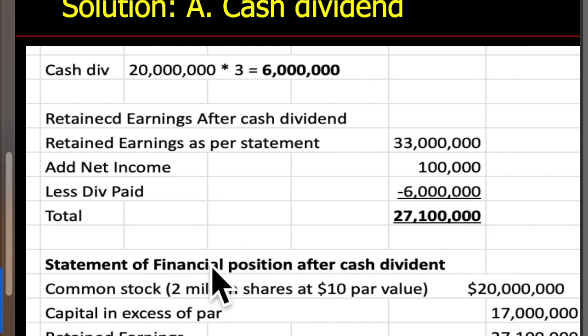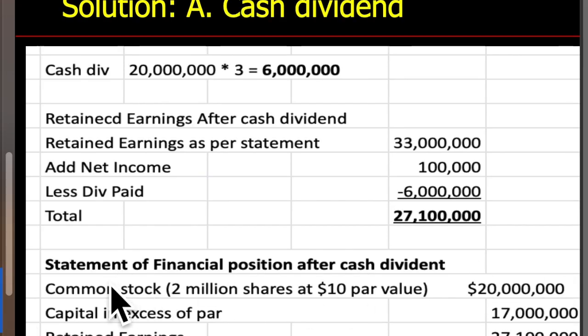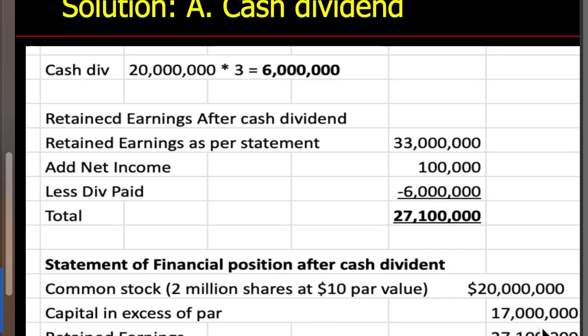Now we can draw up the new financial statement, which is the equity portion, which is common stock of 2 million shares at 10 par value, gives you what? 20 million, which is all the same here. Capital in excess of par value, which is paid in capital, is the same, it doesn't affect anything, 17 million.